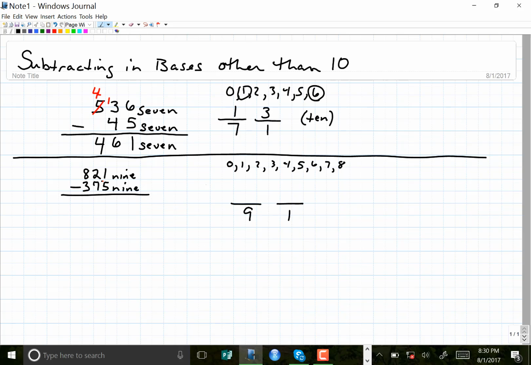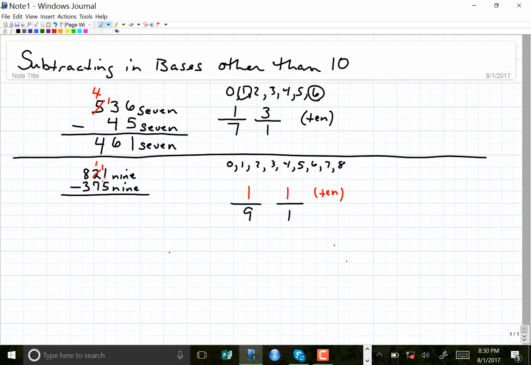So right off the bat, I see I have to borrow. I have 1 minus 5, I can't do it, so I'm going to borrow. This is going to be a 1, and I'm going to put the 1 there. But now I have to remember that this 1 1 actually represents 1 nine and 1 one, so it actually represents the number 10.